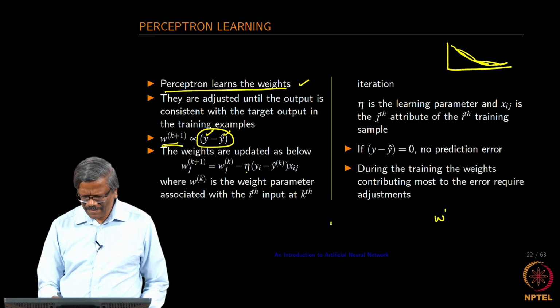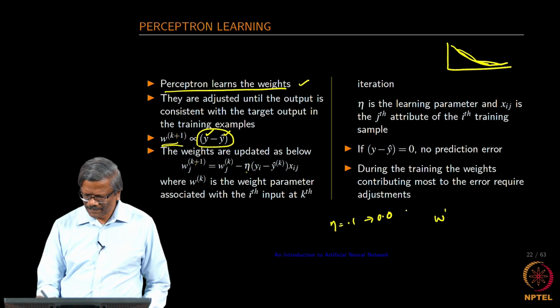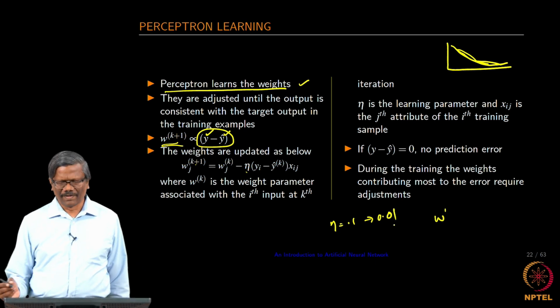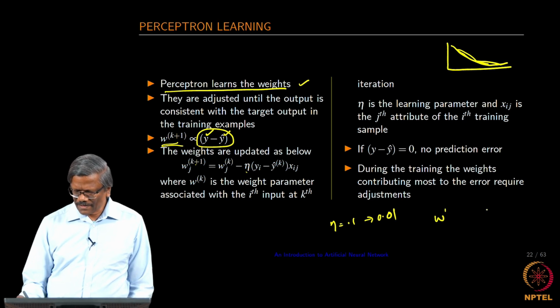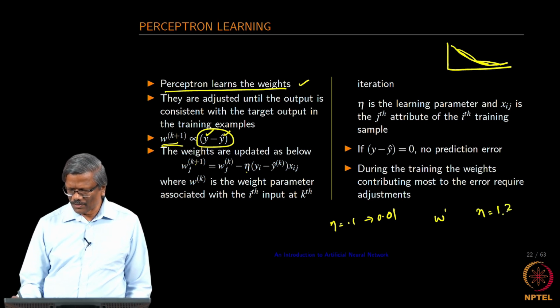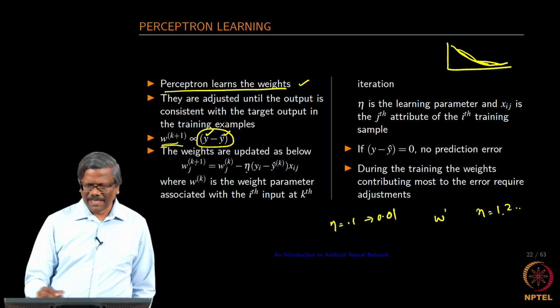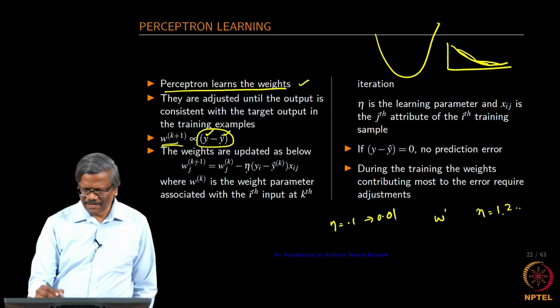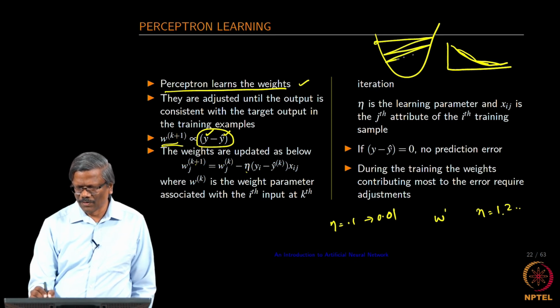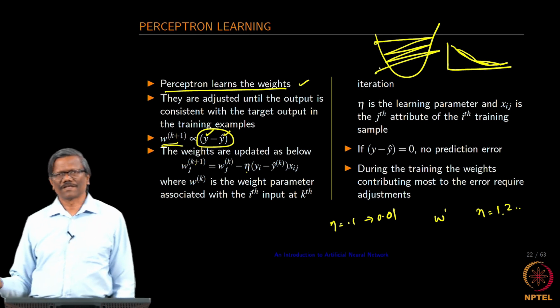Normally it ranges from 0.1 to 0.01. Okay, rarely it goes below this point, and you can't just have eta equal to 1, 2 and so on. It will be very drastic. For example, if you have the error surface in this fashion and if you have a big eta, it might go wild in this fashion.